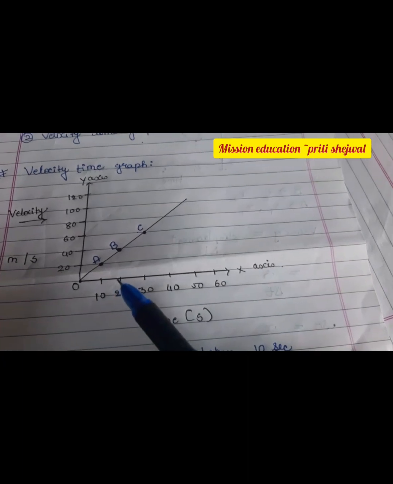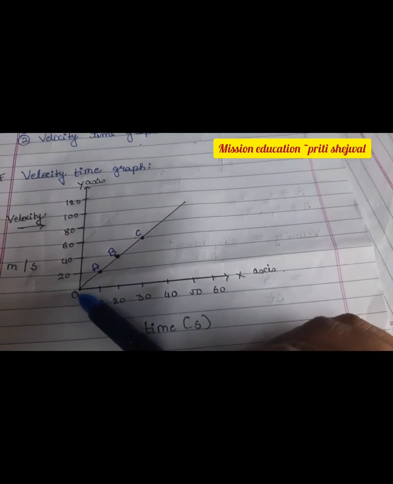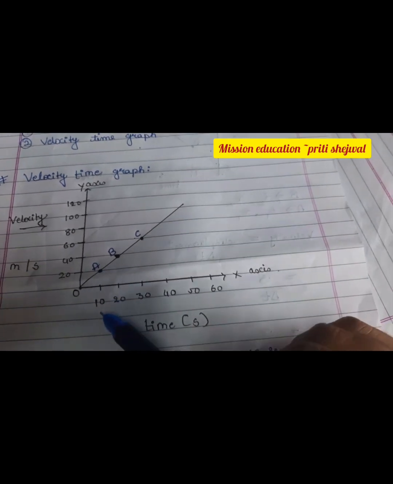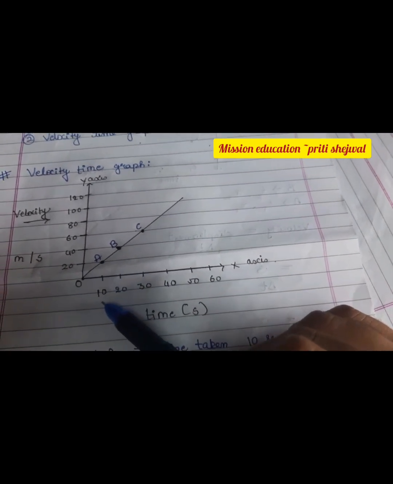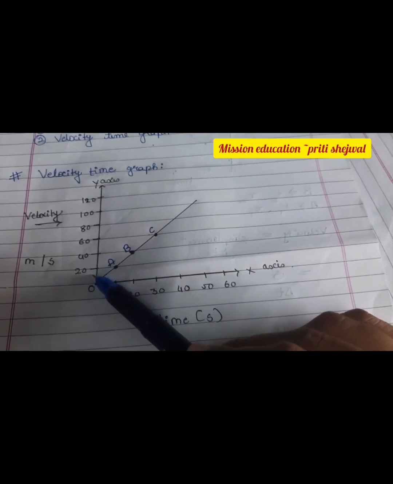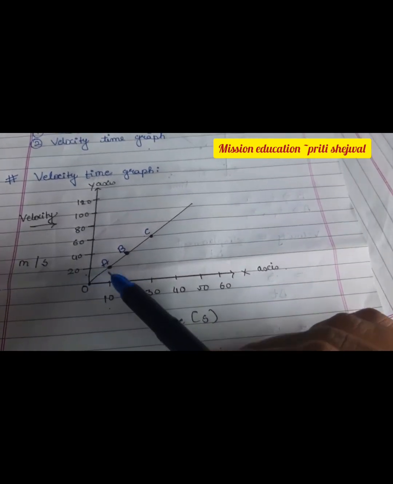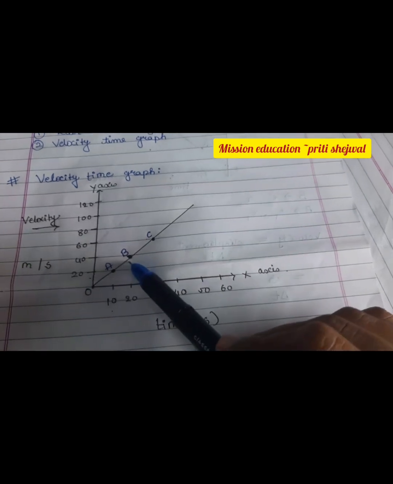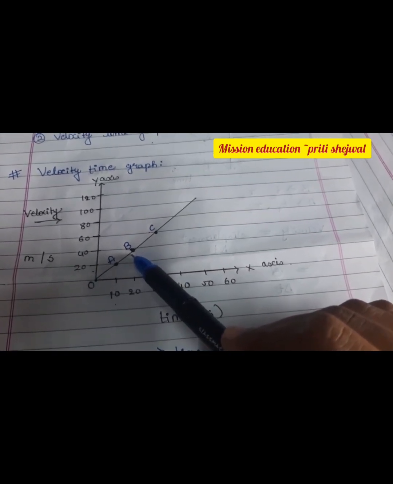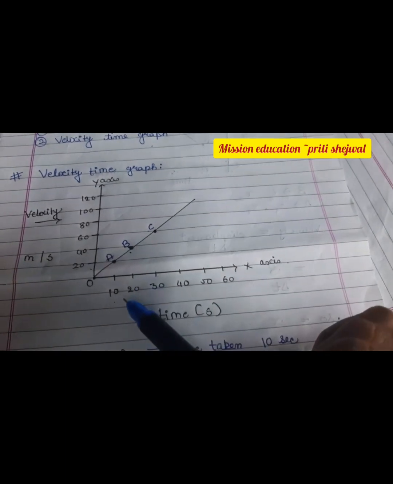A car moves from the origin to point A. The time taken by the car is 10 seconds. At point A, the car's velocity is 20 meters per second. Then the car moves from A to B. How much time did the car take to reach point B? That is 10 seconds.